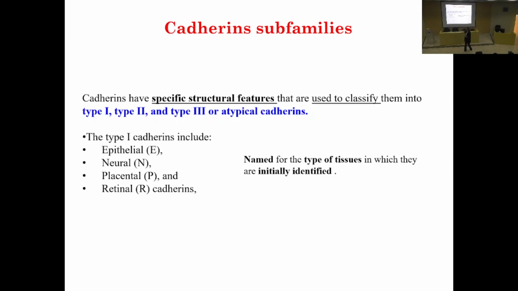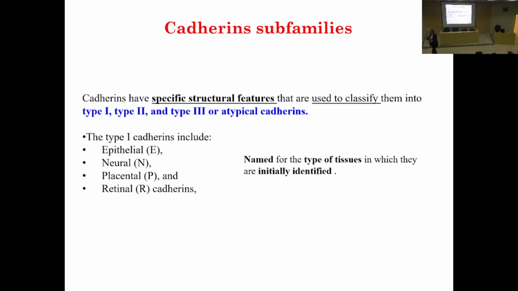So we have, for example, E-cadherin found in epithelial tissue. I have N-cadherin found in neurons. I have P-cadherin found in the placenta. And we have R-cadherin found in the retina. Okay? So you see here how the distribution of the cadherin depends on the tissue, right?